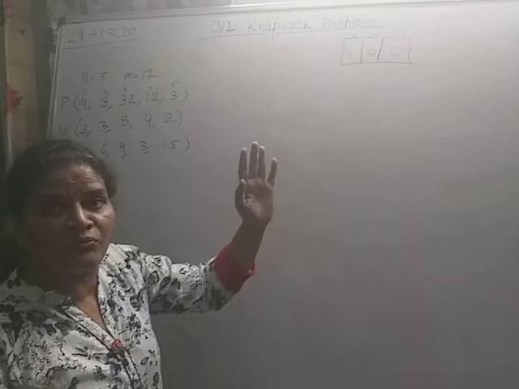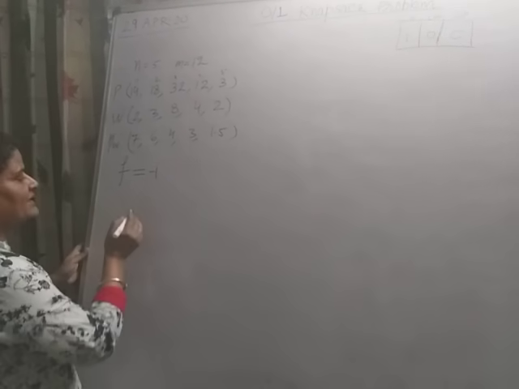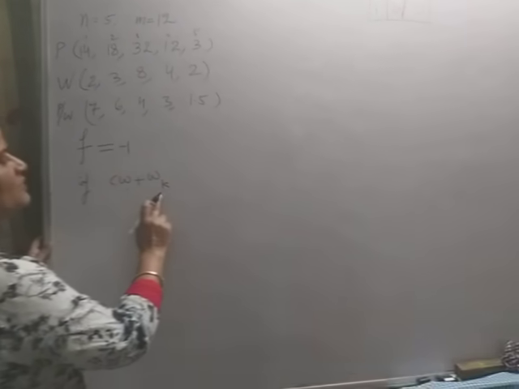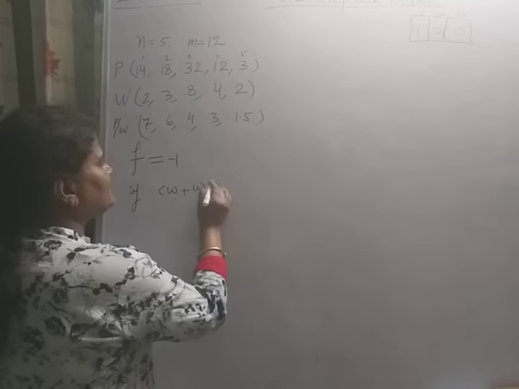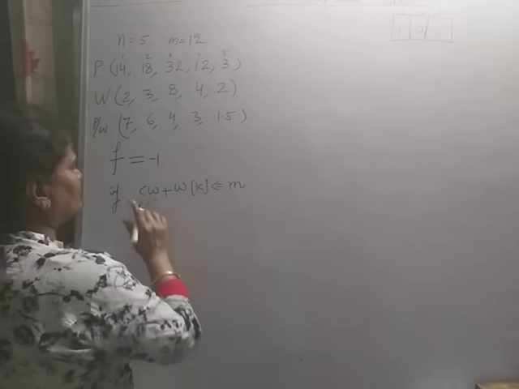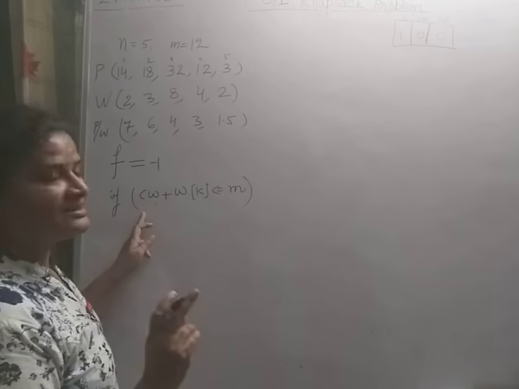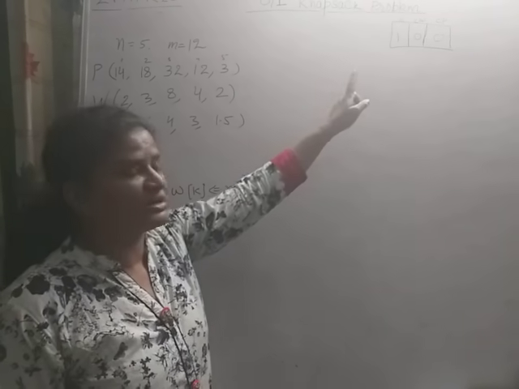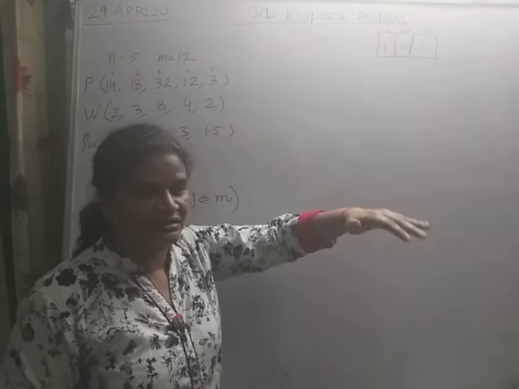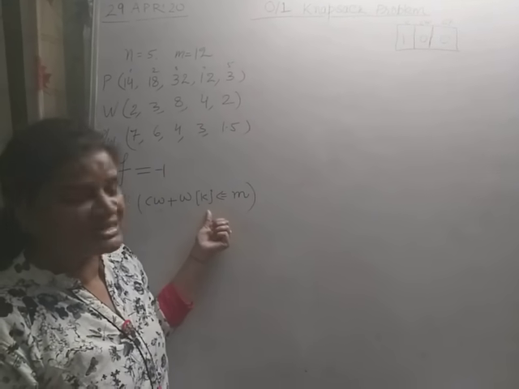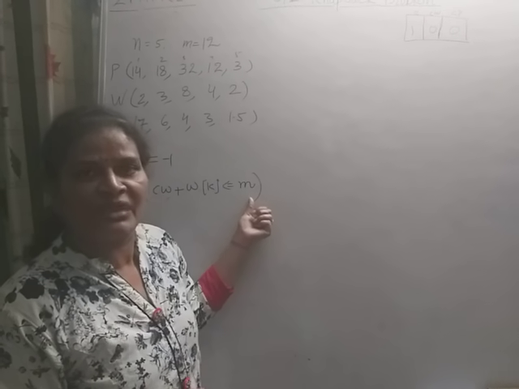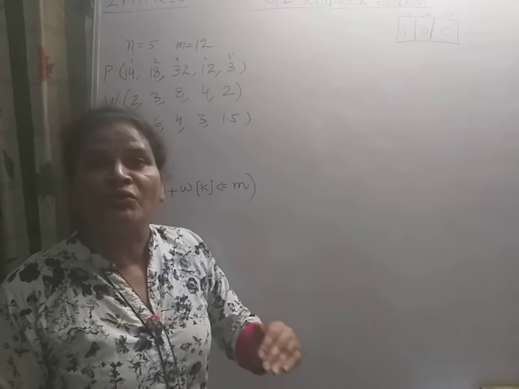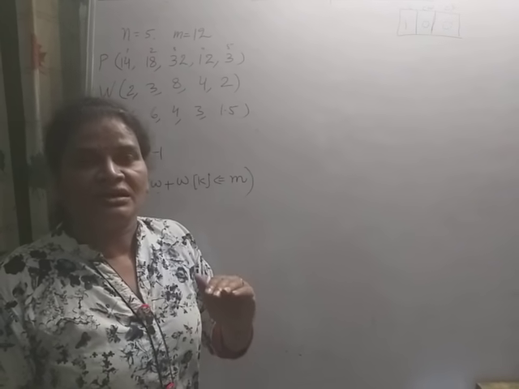Before moving to the left branch, it checks whether CW plus WK is less than or equal to M. Remember that, it will move to generate the left child only if CW plus WK, the current weight in the knapsack plus the kth weight, does not exceed M. As such, no bounding function is required to kill the node.